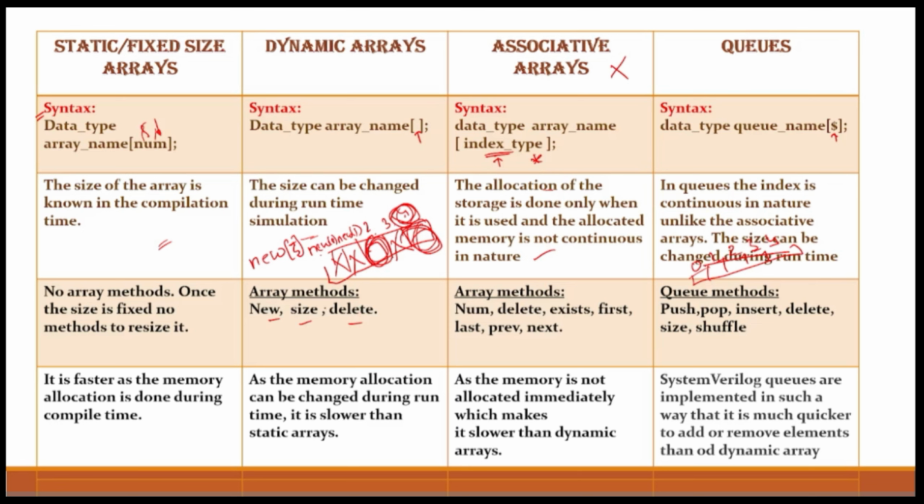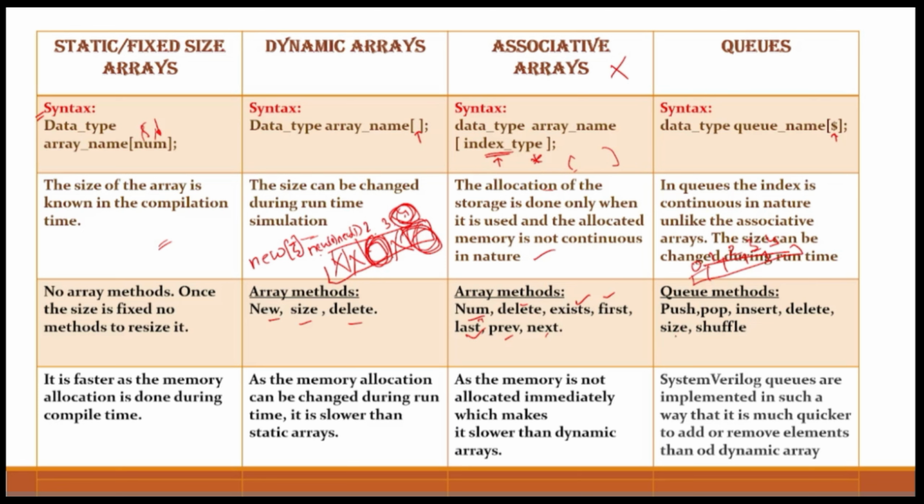When it comes to associative arrays, along with these methods, there are some more methods: to see how many elements are present in that particular array, to delete the array, to check whether any element is present at a particular index or not, and to get the first element, the last element, the previous element and the next element. All these methods you can use in associative arrays.